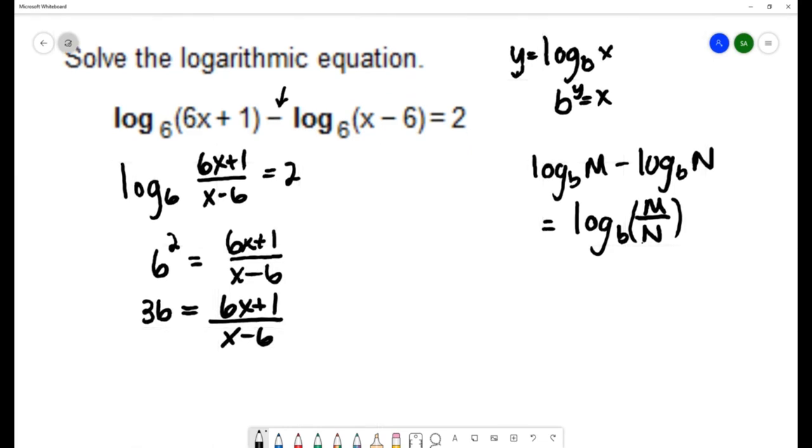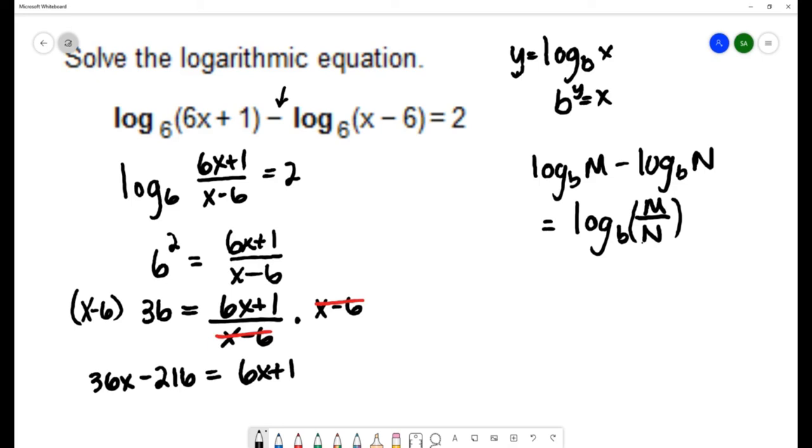I'm going to clear the denominator by multiplying both sides by x minus 6. So that would give 36x minus 216. On the right-hand side, the x minus 6 cancels, and I have 6x plus 1.